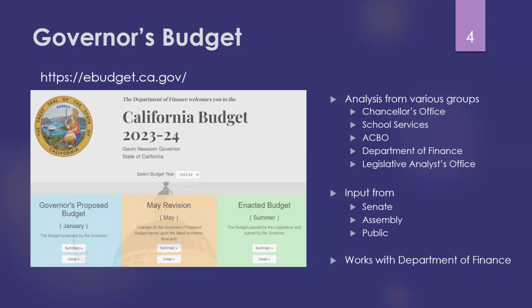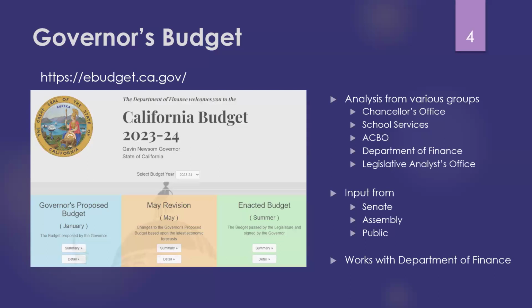Each of the groups that are providing input, they provide their information on their take and the impact of the budget, and that information is available, as I said, on the various different websites for each of those different organizations. So if you're interested in information that's out there, you can just Google California budget, and I'm sure a ton of people have a lot to say.